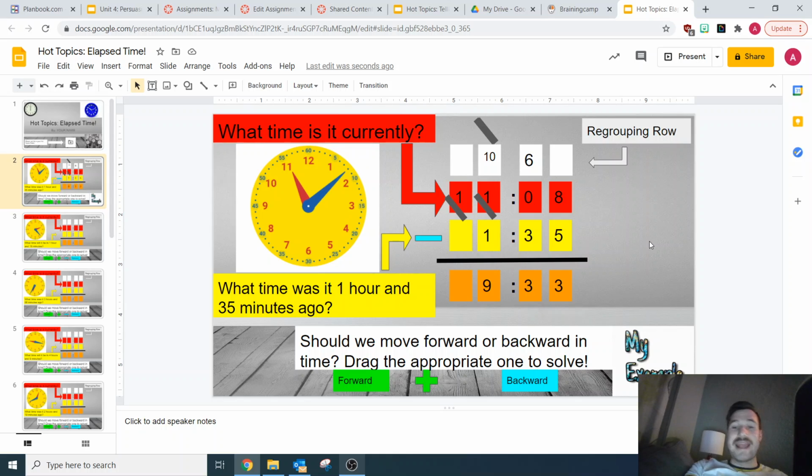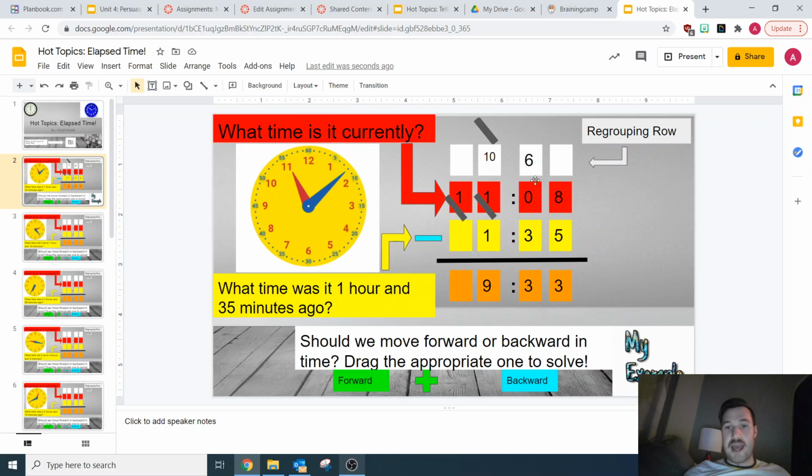So when we're regrouping an hour, we aren't actually regrouping 100 minutes. We're only regrouping 60 minutes.